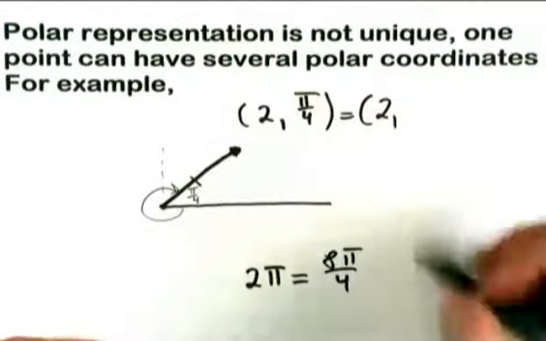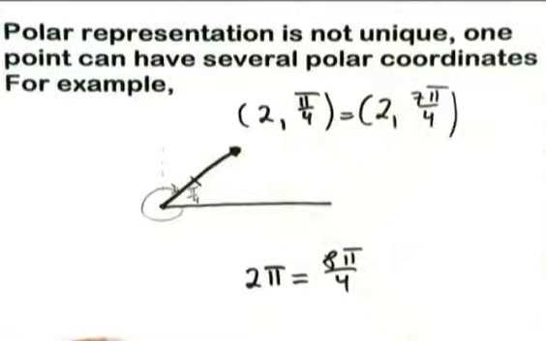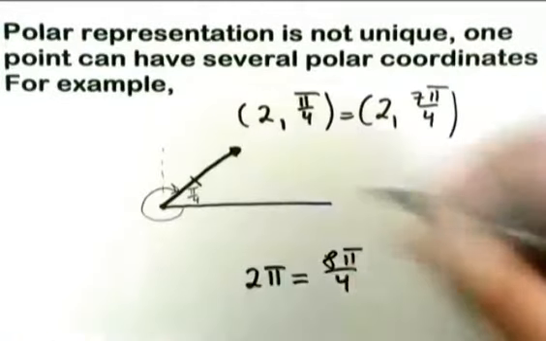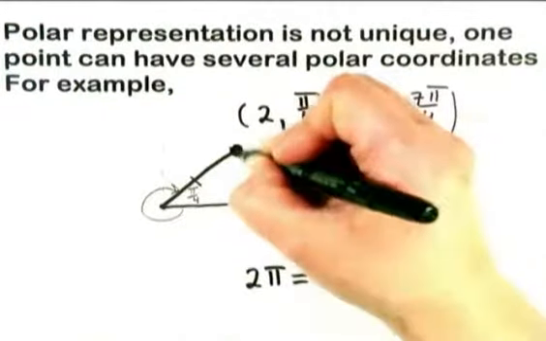So we are short of 1, so this one is 7 pi over 4, in a negative direction. That would represent the same point, this point right here.